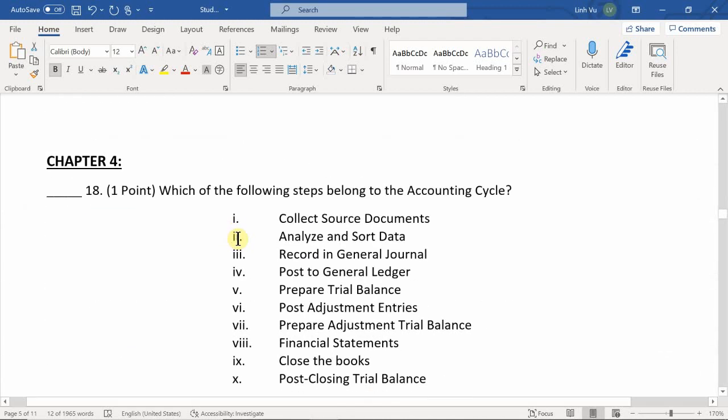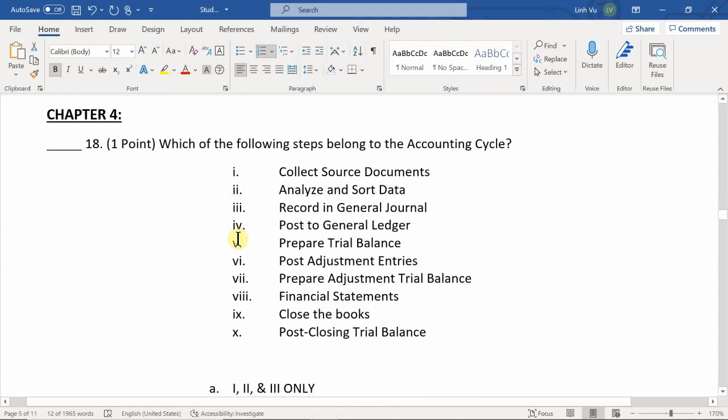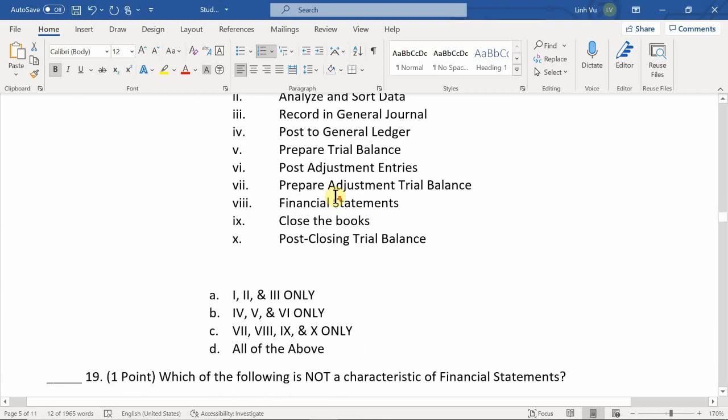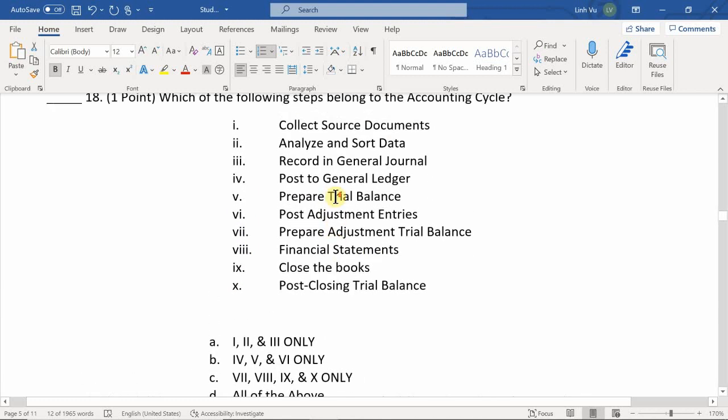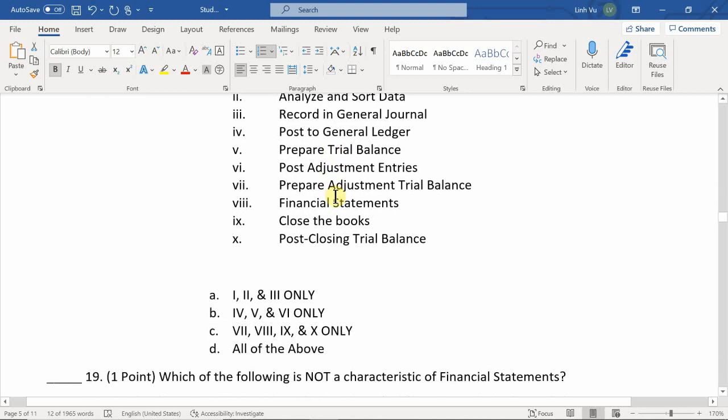All right, chapter number 4, okay? Number 18 says, which of the following steps belong to the accounting cycle? Okay, so here are all the steps, all right? And then here are the options. Is it 1, 2, and 3 only? 4, 5, and 6 only? 7, 8, 9, and 10 only?